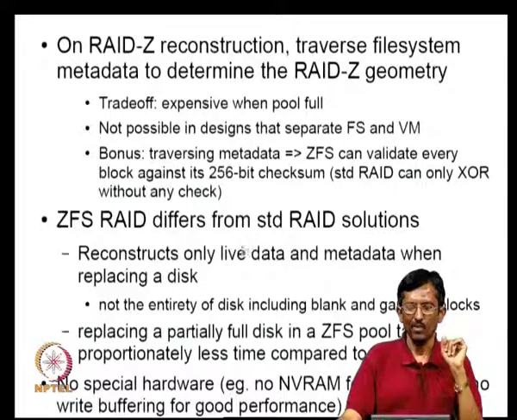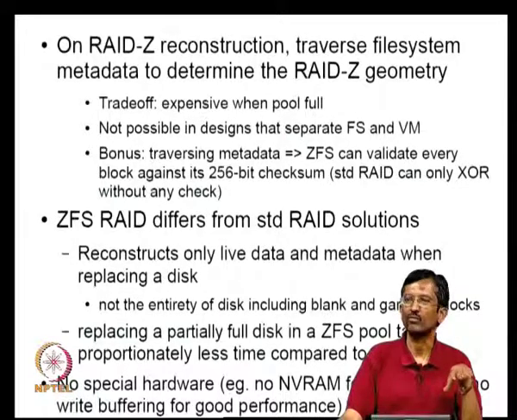So basically, if you summarize, ZFS RAID differs from standard RAID in that it reconstructs only live data. You don't have to look at the whole disk, because there's no information at the volume manager level about which block is blank or garbage. Because it's a raw device, there's no information about whether a block is being used.